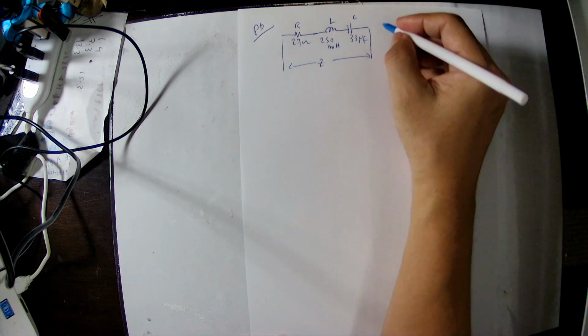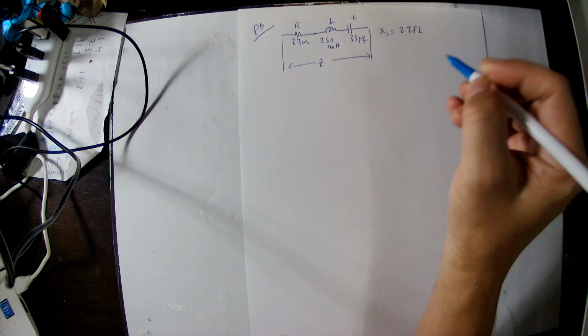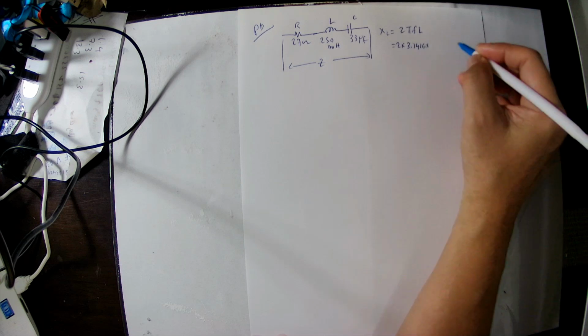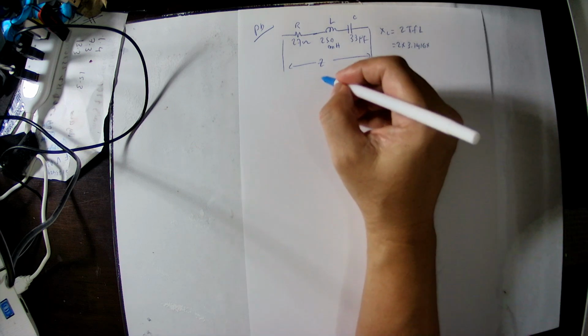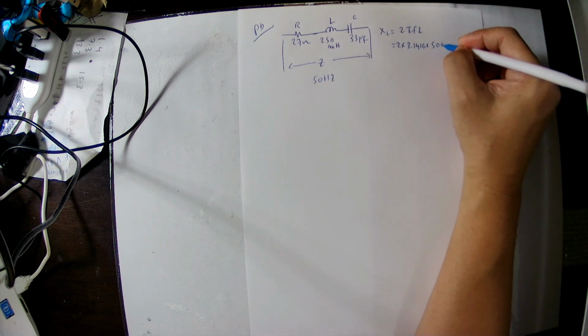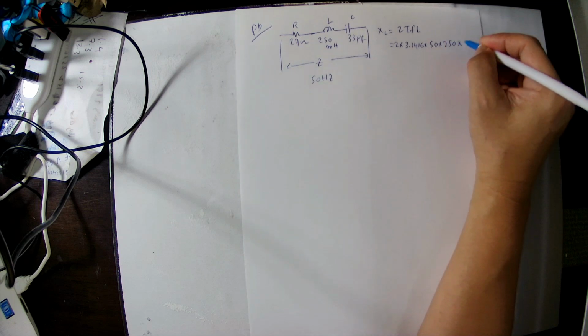Okay, resistor here. Firstly we have to find XL. XL equals 2 pi FL. So 2 times 3.1416, frequency is the supply frequency, given as 50 Hertz, and the inductance is 250 millihenry, so we multiply by 10 to the power minus 3.